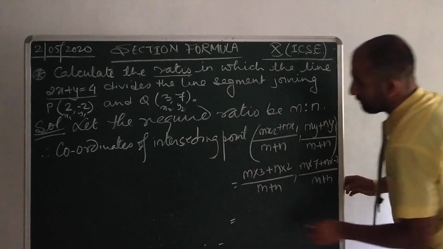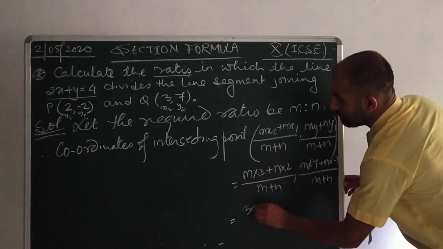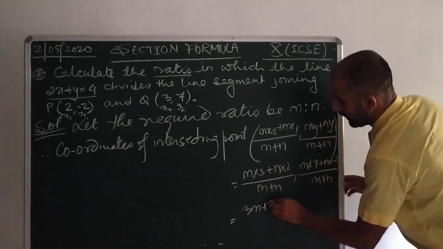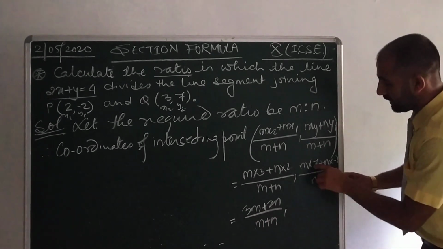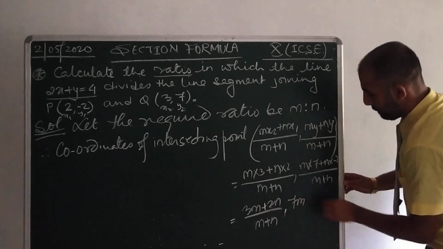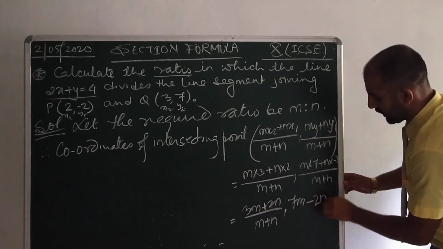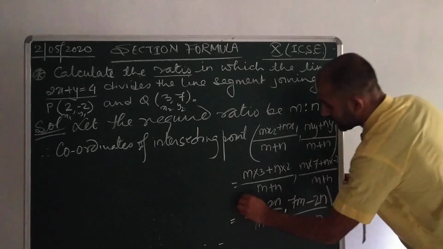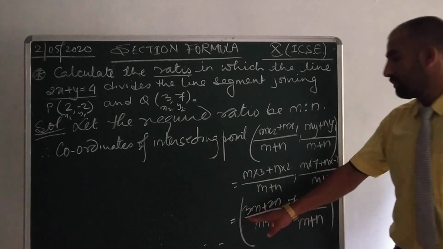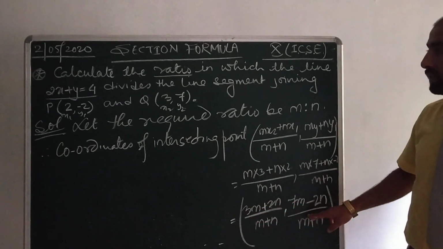Okay, let's simplify it. (3m plus 2n) by m plus n. Similarly, (7m minus 2n) by m plus n.